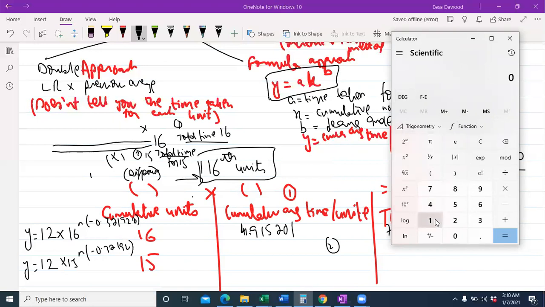Sorry, I took it as 2, it was 12. It was 12 into 15 raised to the power minus 0.321928 is equal to, this is the cumulative time per unit.